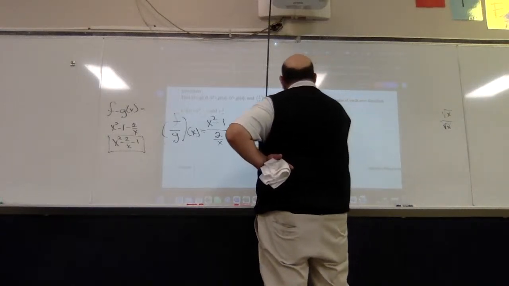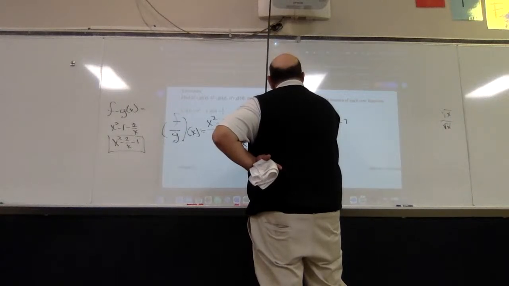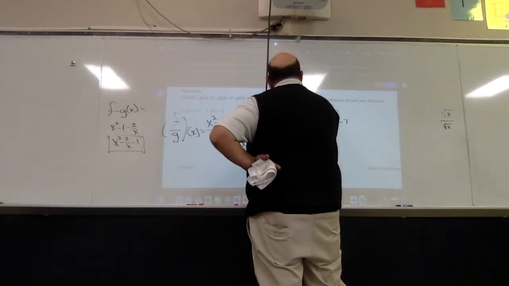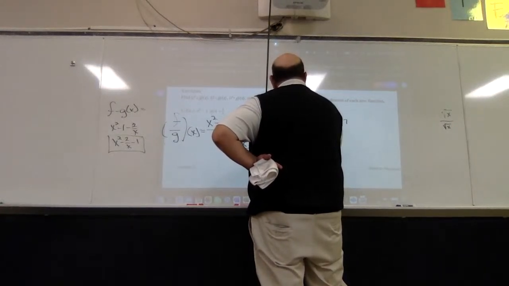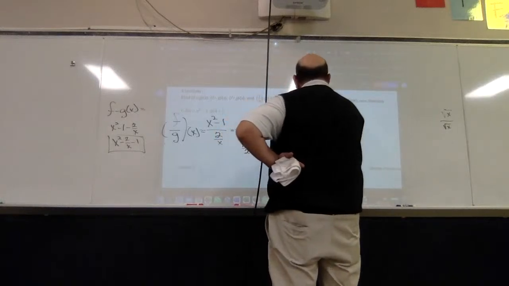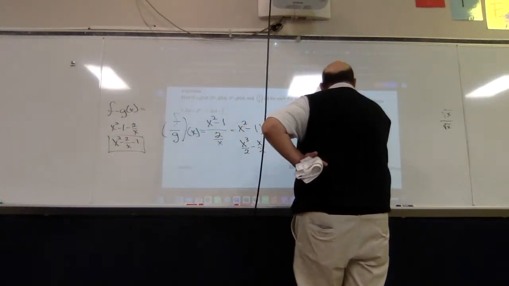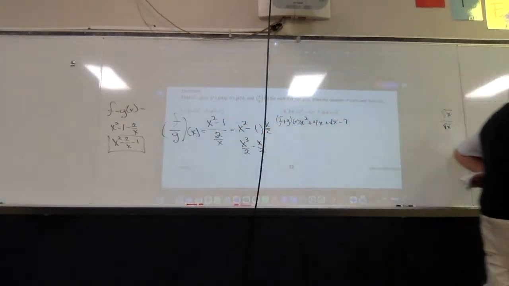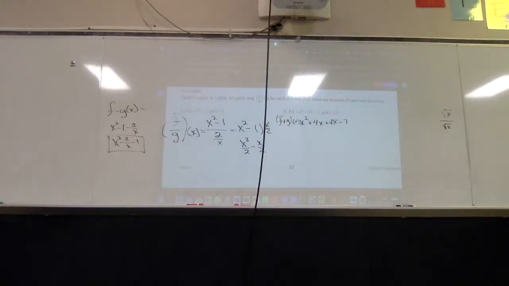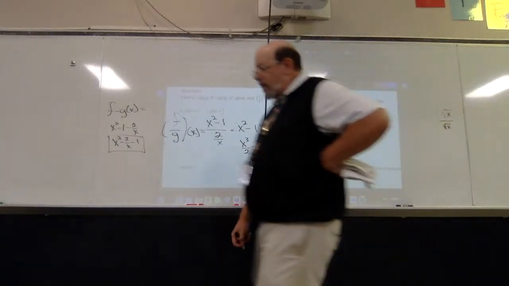There's addition. This is f plus g of x. Wait, sir, why does the -7 go after? Because this has an exponent. So all the exponents go before? Anything with an exponent goes before anything without an exponent. Square root of x, what's its exponent?